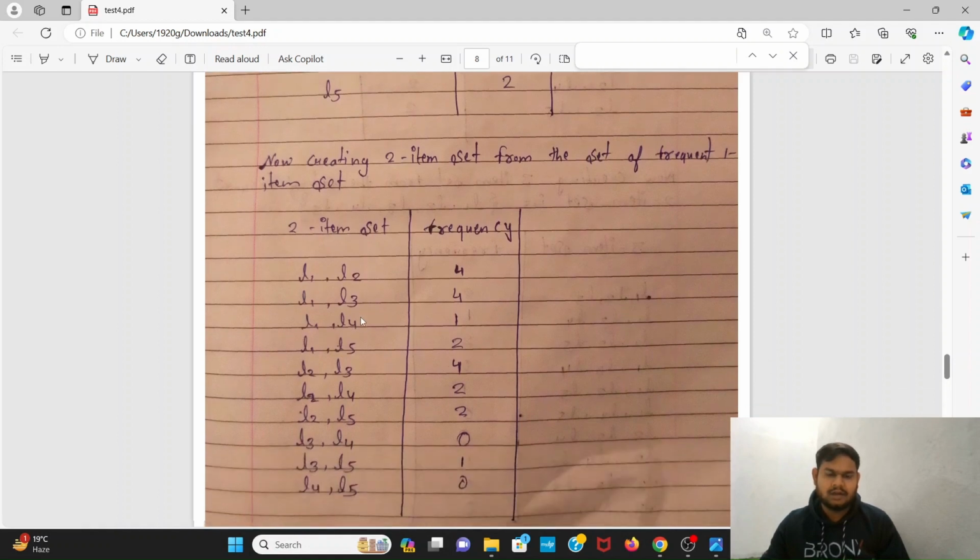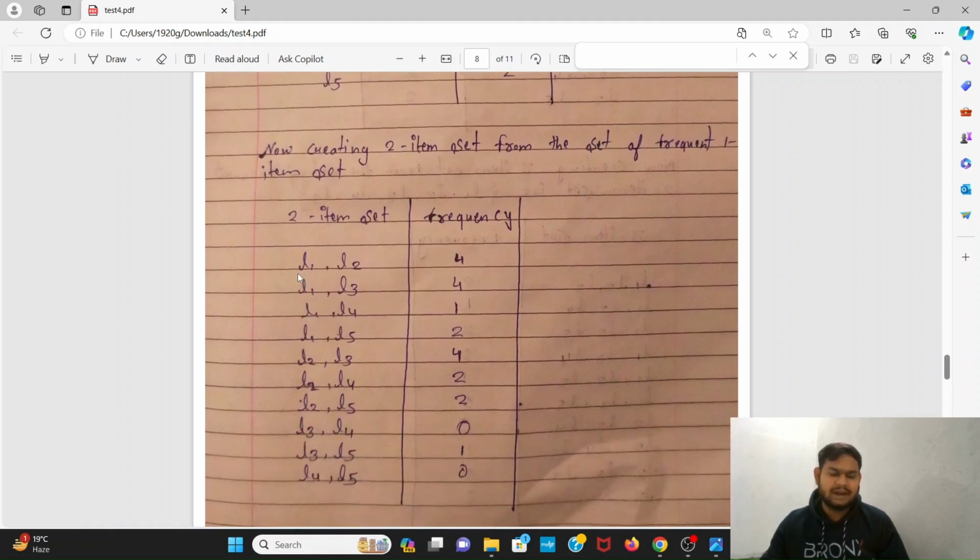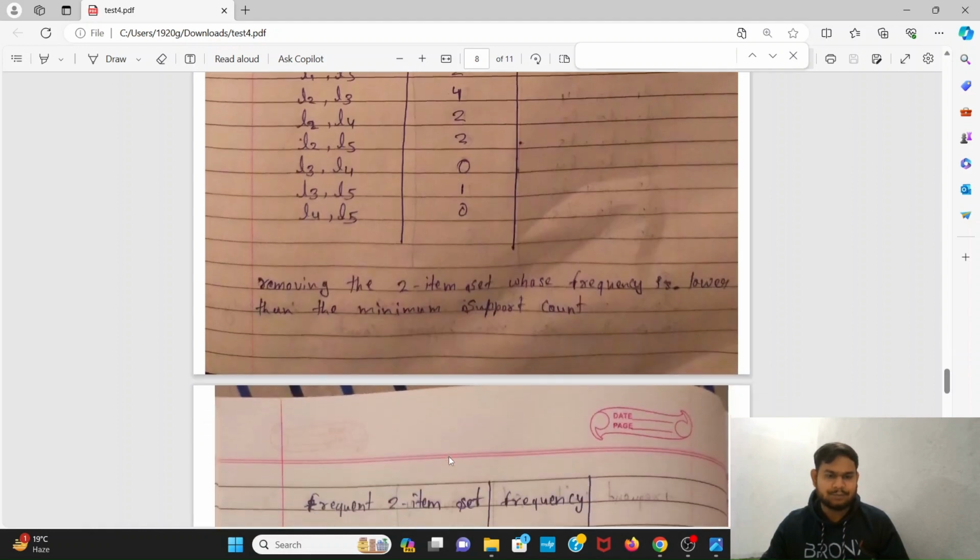Two item sets along with frequency: L1 L2 frequency 4, L1 L3 frequency 4, L1 L4 frequency 1, L1 L5 frequency 2, L2 L3 frequency 4, L2 L4 frequency 2, L2 L5 frequency 2, L3 L4 frequency 0, L3 L5 frequency 1, L4 L5 frequency 0.